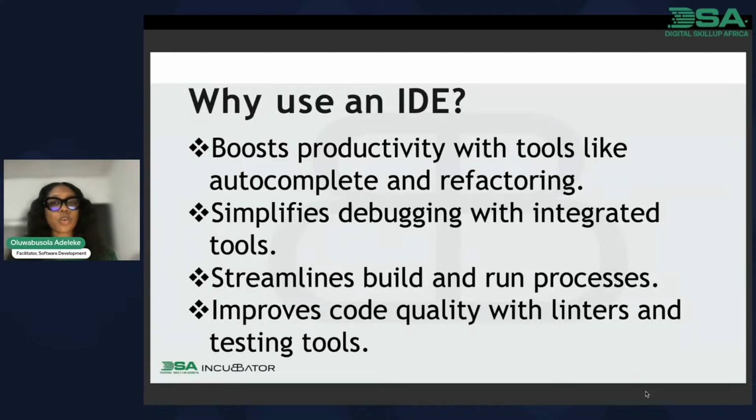It also improves your code quality with the linters that we have and the testing tools. Those linters can always underline if you type something wrong or if you do not type it in the right format.